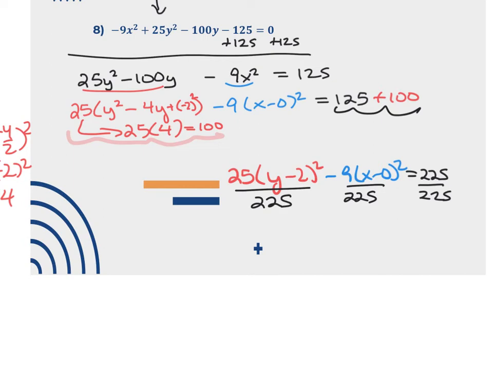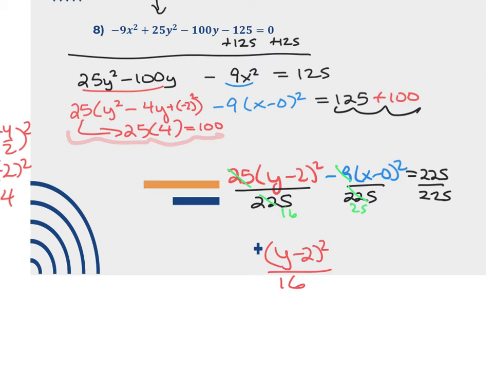I can simplify these fractions, and then this one, 225 goes into 225 one time, and then 9 goes in here 25 times. So this will simplify to y minus 2 squared over 1. No, wait.